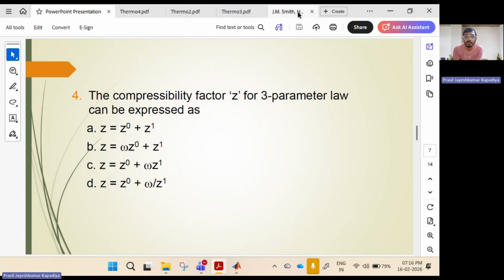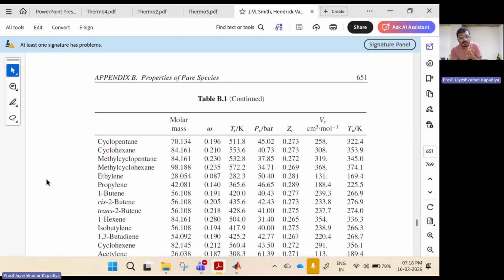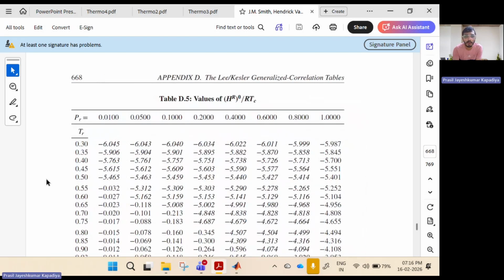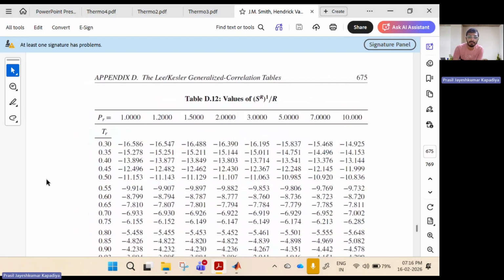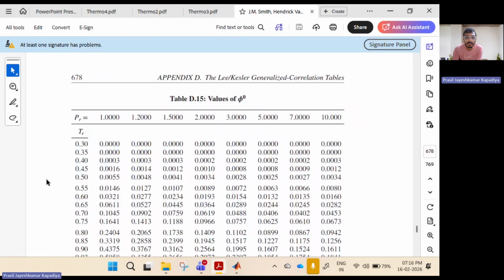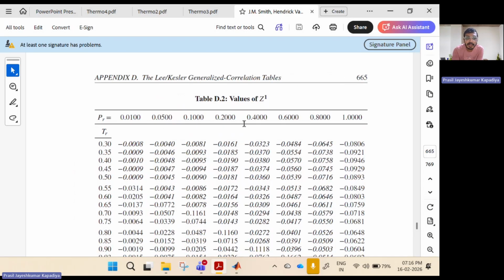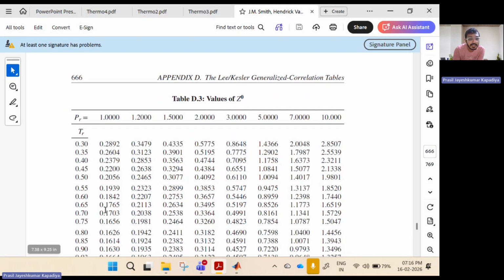If you know how to find Z0 and Z prime, in last class we had taken one sample problem for how to find Z0. Let's say I want to find the compressibility factor. So how can I find it? I can find this using values of Z0 and Z prime. If you know PR and TR for your system, let's say my PR is 2 and TR is 1.